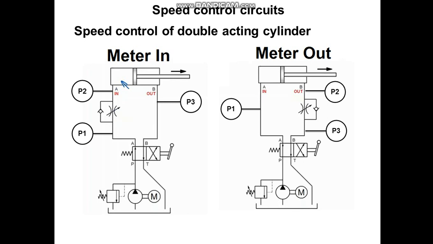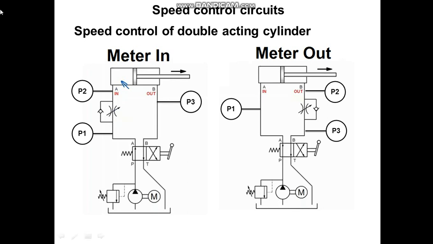So assume only this flow control valve is there, and this check valve is not present. Then we connect one pressure gauge before the flow control valve, one after the flow control valve, and one in the secondary line. In the primary line there are two pressure gauges: P1 is before the flow control valve, P2 is after the flow control valve, and P3 is connected in the secondary line.